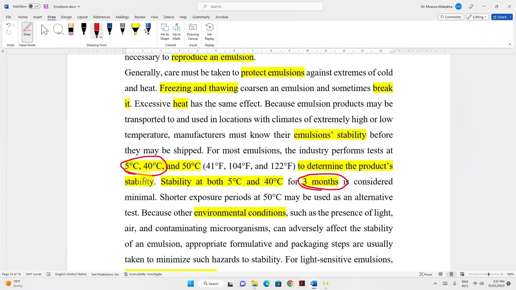If they don't separate, if they are still stable, then it means my product will be able to withstand the normal temperature, 20-25 degrees Celsius. They may use 50 degrees Celsius. This is a bit high, but it will be for a shorter period of time.